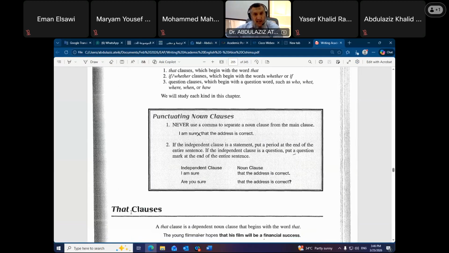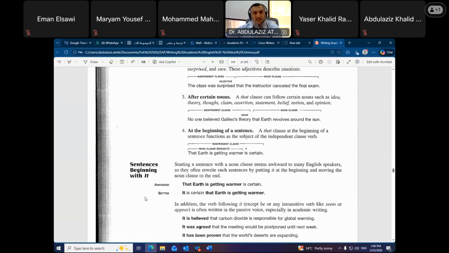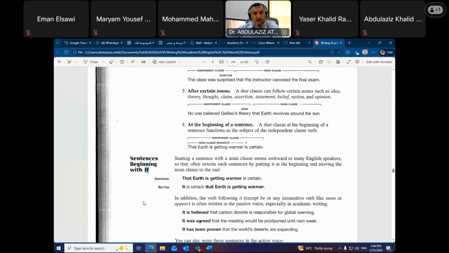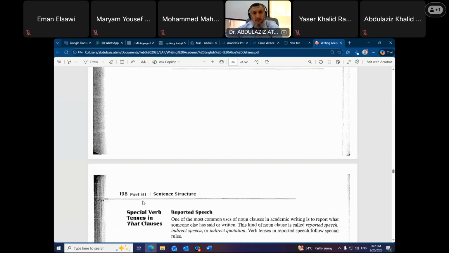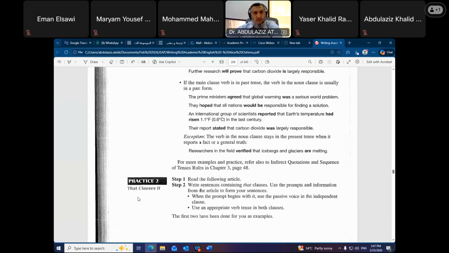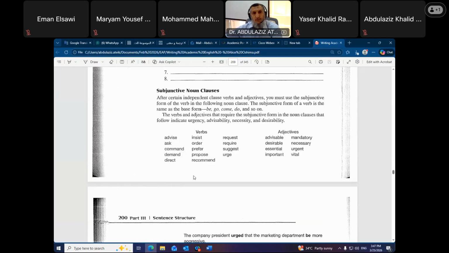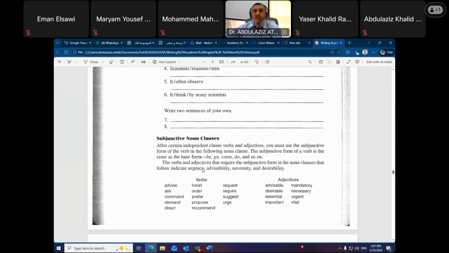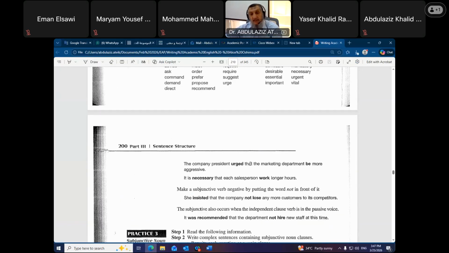That clause, I explained this. For an if clause, beginning with it, this is something different because it replaces that clause. Subjunctive also. Subjunctive is the use of the verb in its basic form, like this. The company president urged that the marketing department be more aggressive. So they use the simple verb.